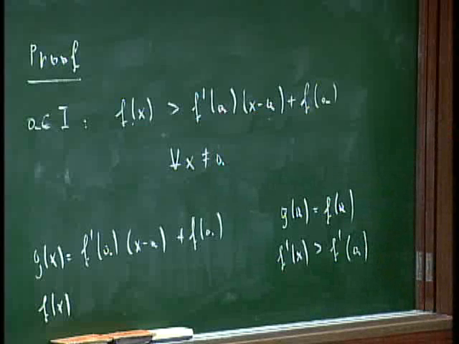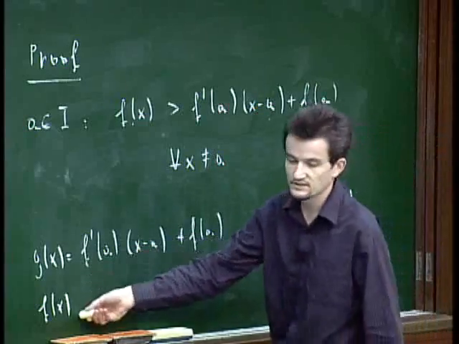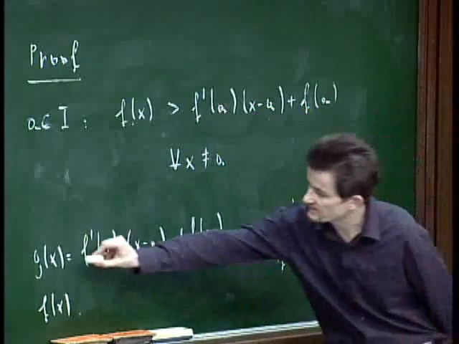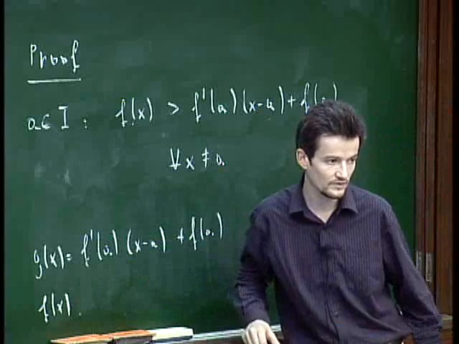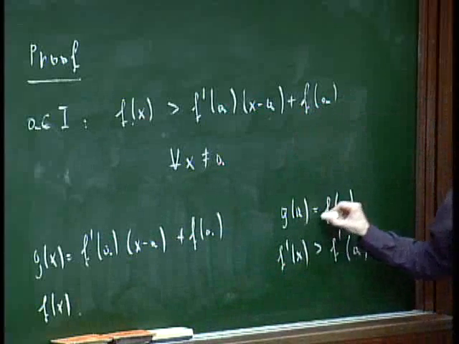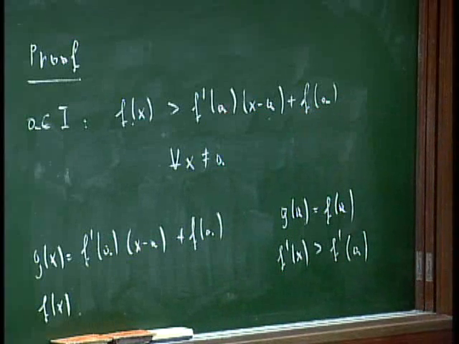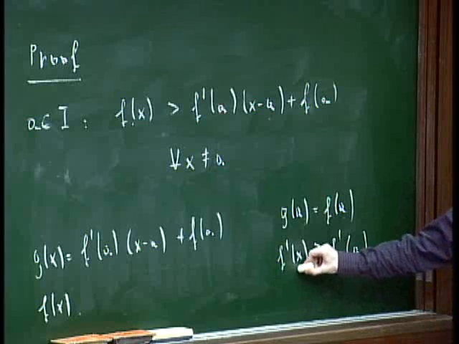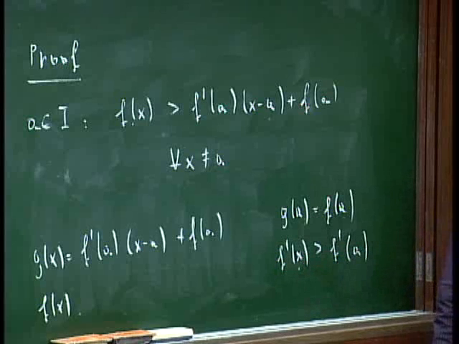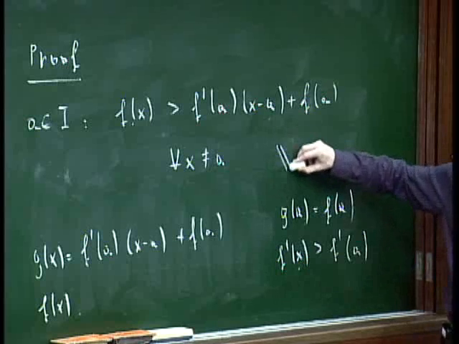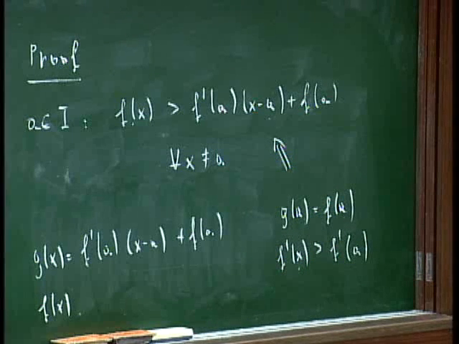And then by the racetrack principle, which tells us that if you have two functions, you can consider them as the position of two horses. They start at the same point, and the velocity of the first horse is always larger than the velocity of the second horse. Then you should get this here.